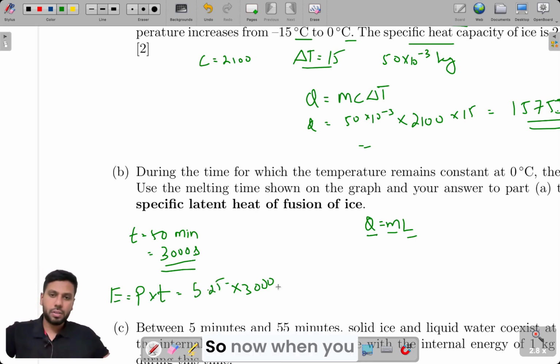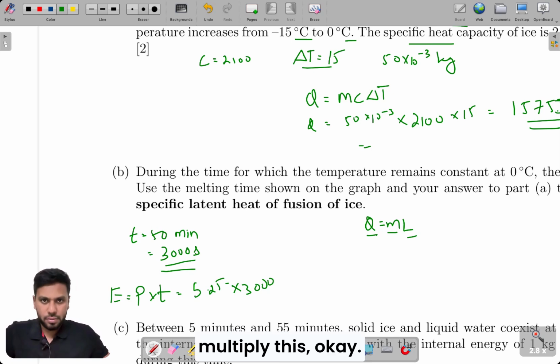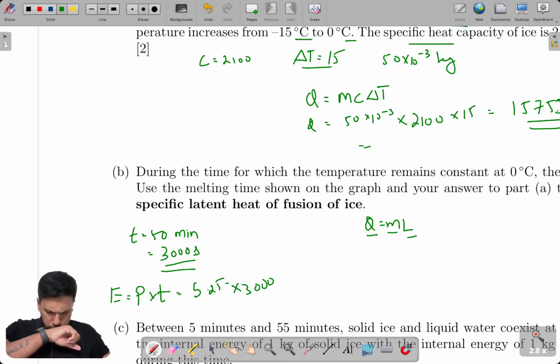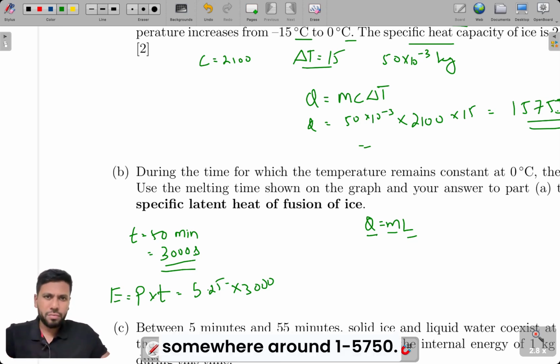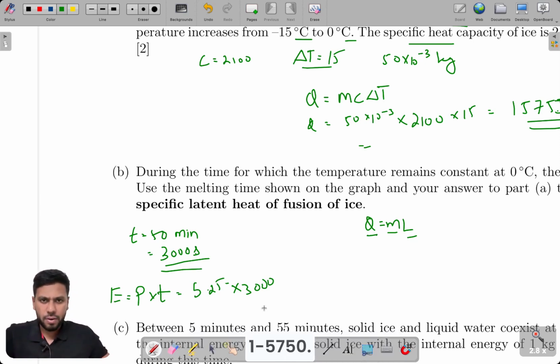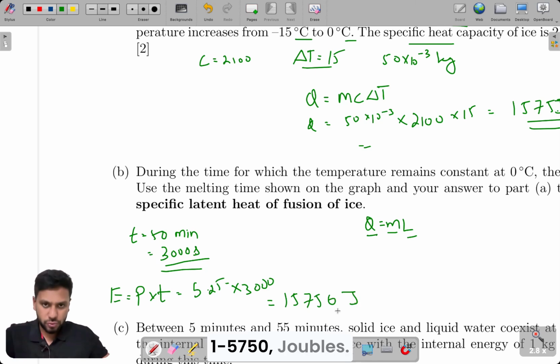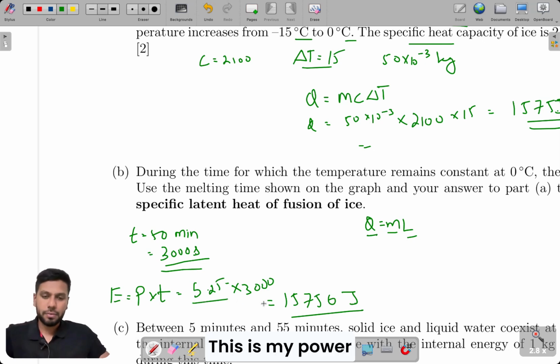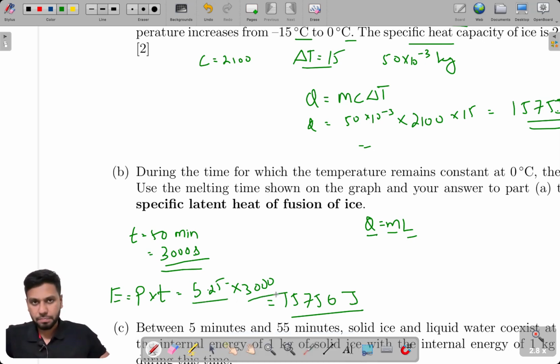Now when you multiply this, you are going to get somewhere around 15750 joules.